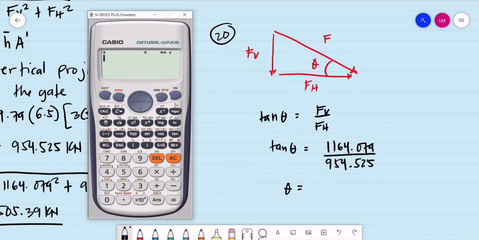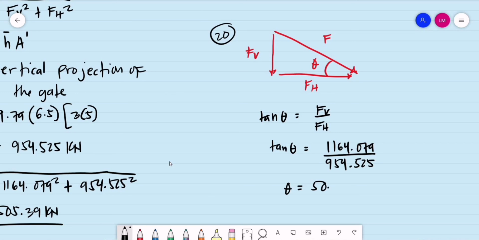So, this will be shift tangent of 1164.079, hindi ko nilagay yung point, divided by 954.525. That is 50.649 degrees.